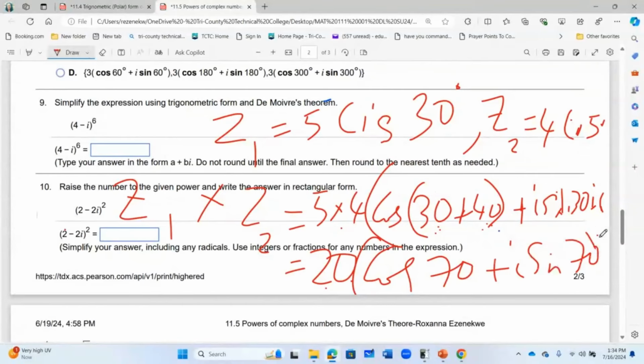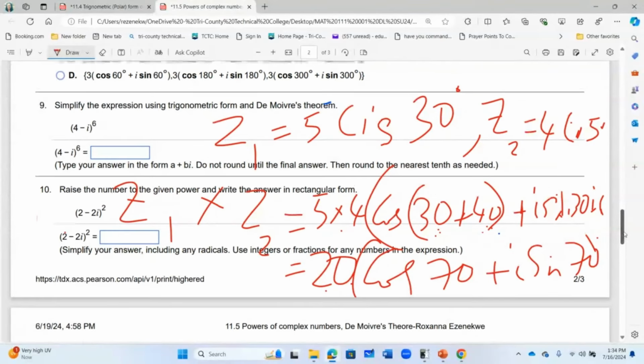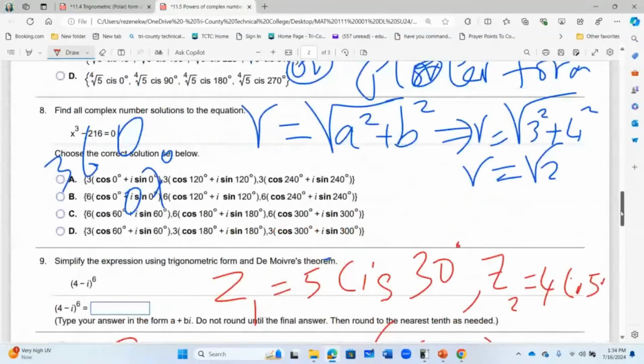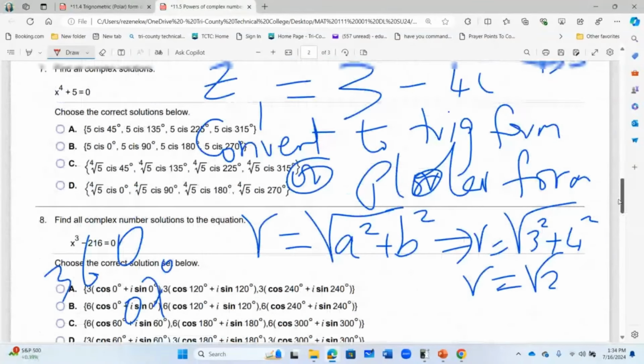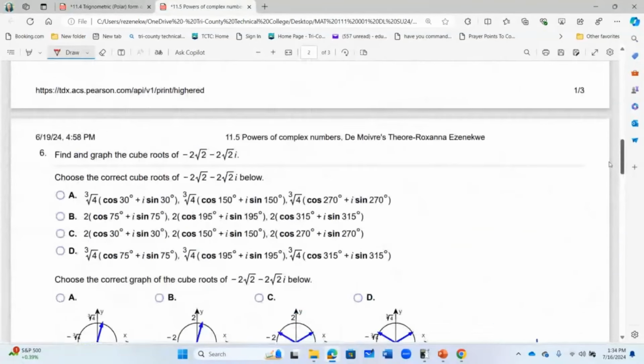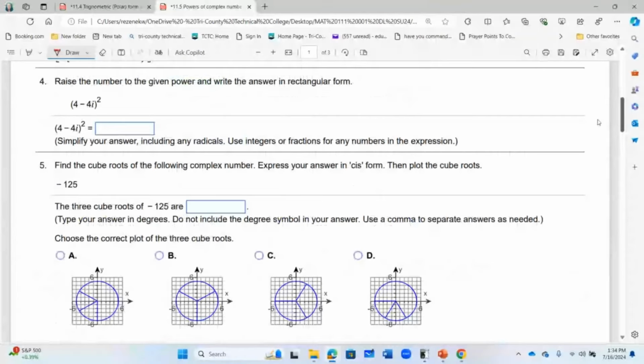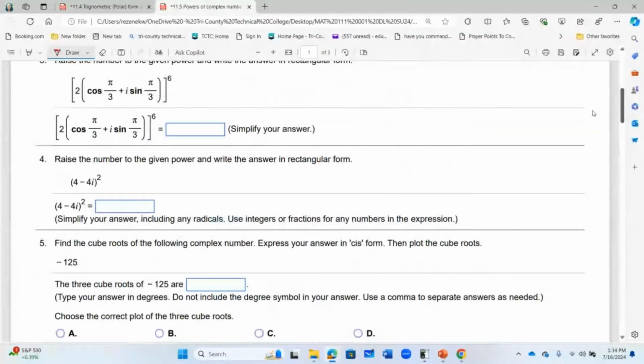All right, so let's go to one that is longer. Maybe we can start from number 9? Let me see if another one is shorter. Start from number 9, find the cube root. Now we have to raise the number to the given power and write the answer in rectangular form.